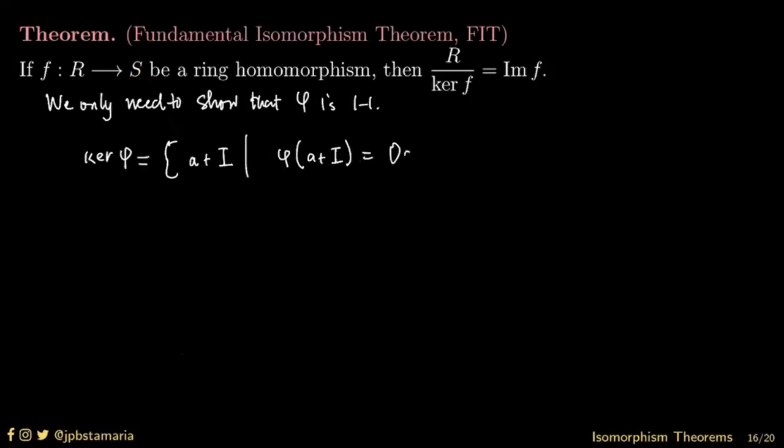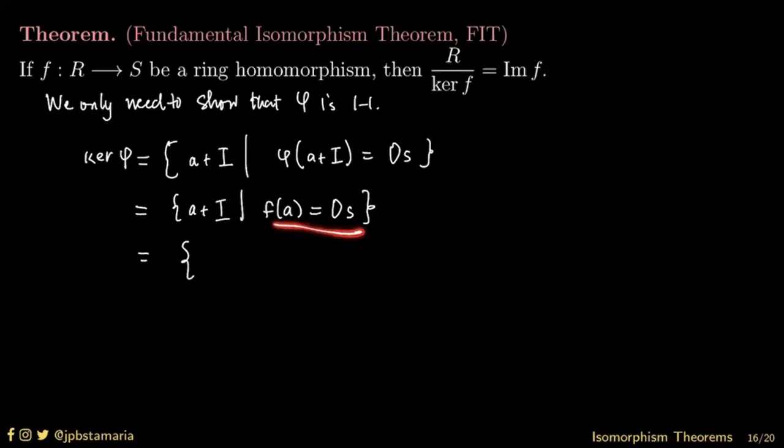Kaya ito, sulat mo 0, S. Eh, ano bang definition ng phi of A plus I? Well, F of A lang ito. So, tingnan nyo. Ang laman ng kernel ng phi ay yung mga A plus I where F of A is equal to the 0 in S.